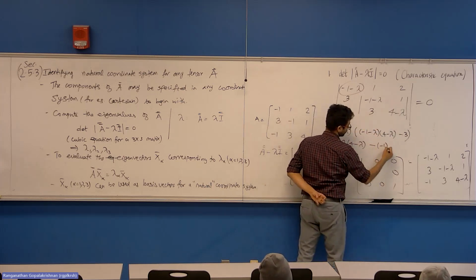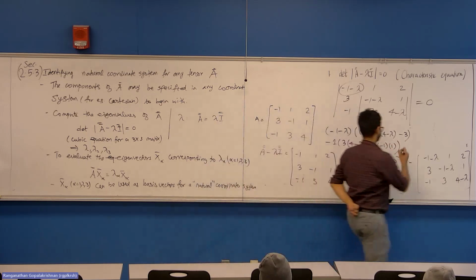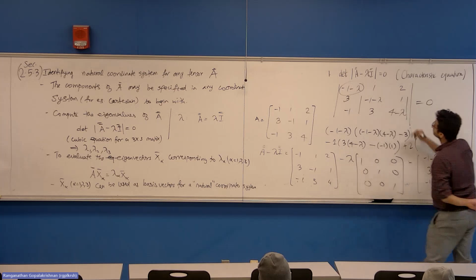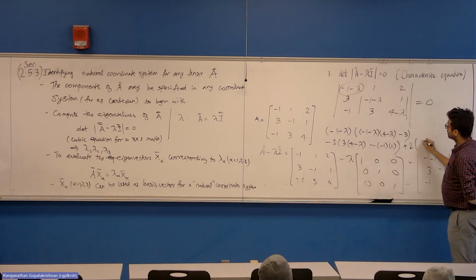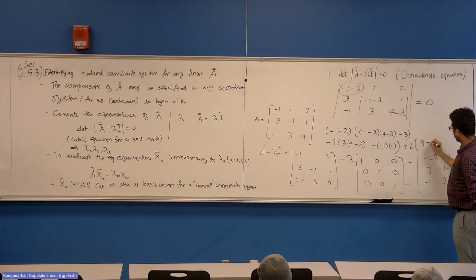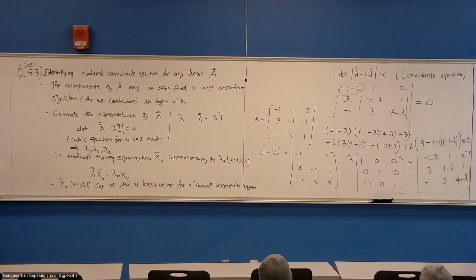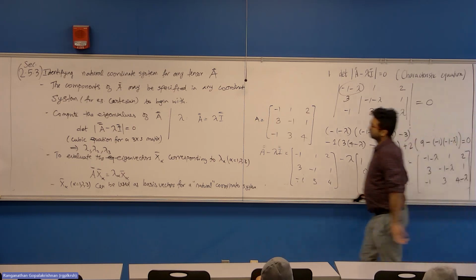So minus of minus 1 times 1 plus 2 times 3 times 3 is 9. This is minus 1. This is minus of 1 plus lambda. So minus 1 minus of 1 minus lambda equal to 0. This is nothing but a cubic equation for lambda, which you have to solve to obtain 3 values or 3 roots. Let's do that.